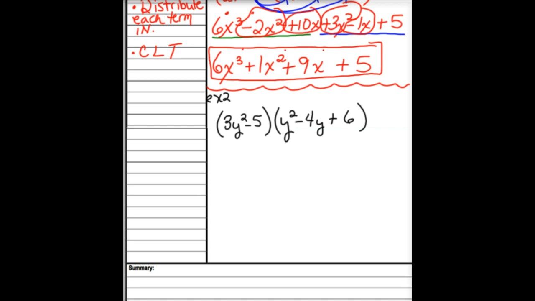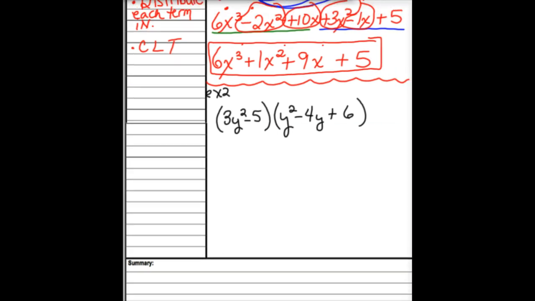So what's my process? First of all, right here, I distribute each term in. So I'm going to take that 3y squared and I'm going to hop it in and multiply it by y squared. 3y squared times y squared gives me 3y to the 4th power. When I multiply, I add the exponents.